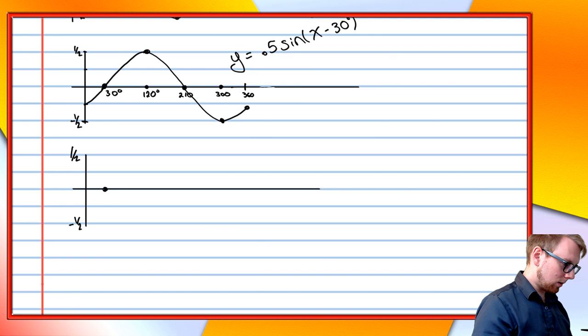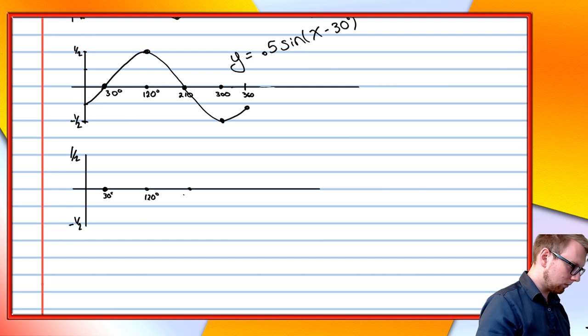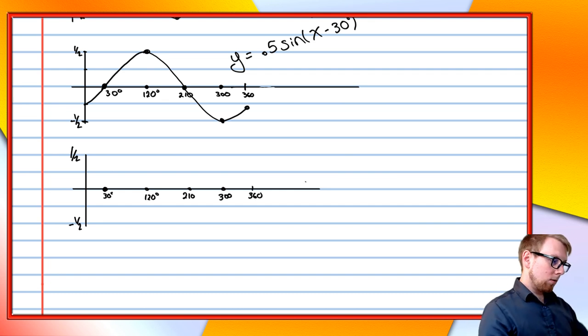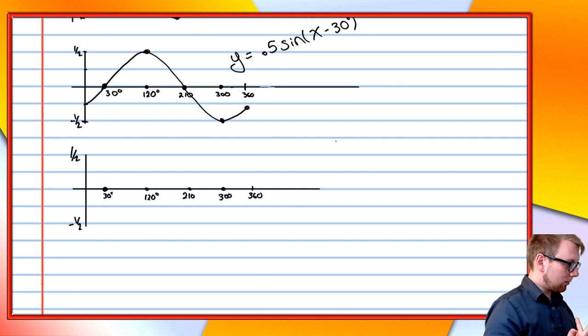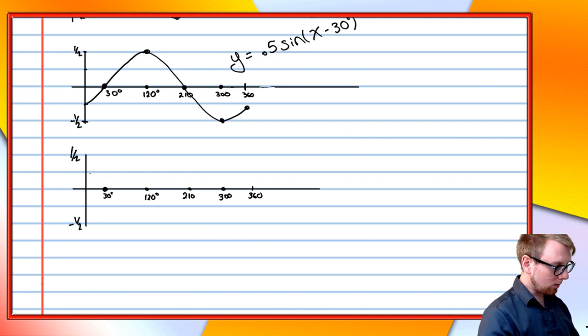And I'm going to try and make this as close as possible to 30 degrees, 120, 210, 300, 360. So now we're multiplying by a minus, so flip over the x-axis. So it was going up, now it's going down.